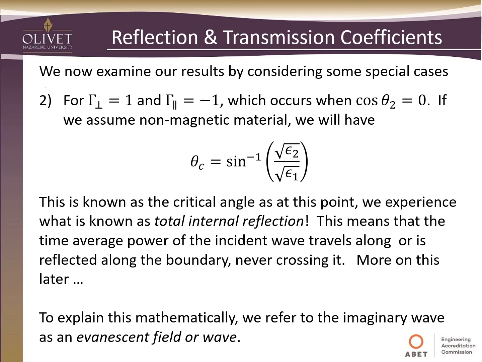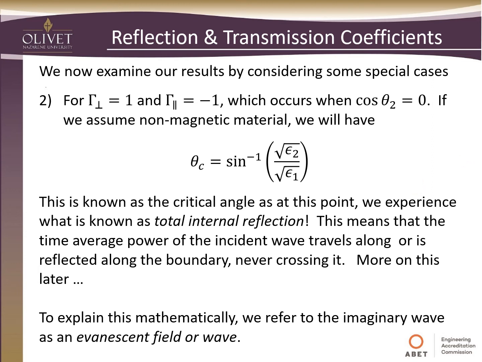To explain this mathematically, you'll hear the term evanescent field or wave, and this is how we account for the imaginary wave that has to be present, the math tells us at least. It's not really anything that we've successfully measured directly, but we can definitely see it. I've actually worked with this in some of our experimentation.